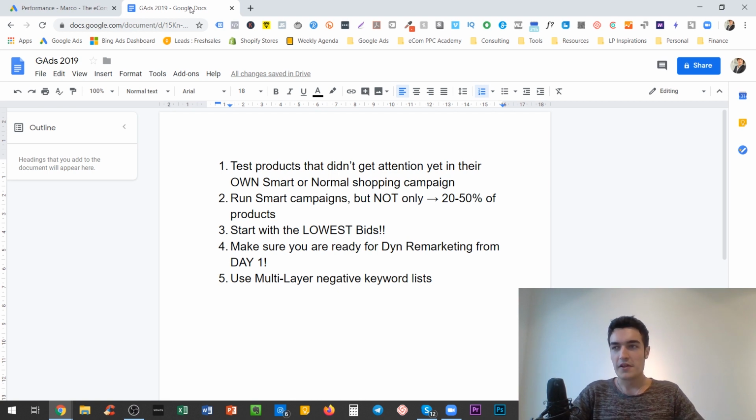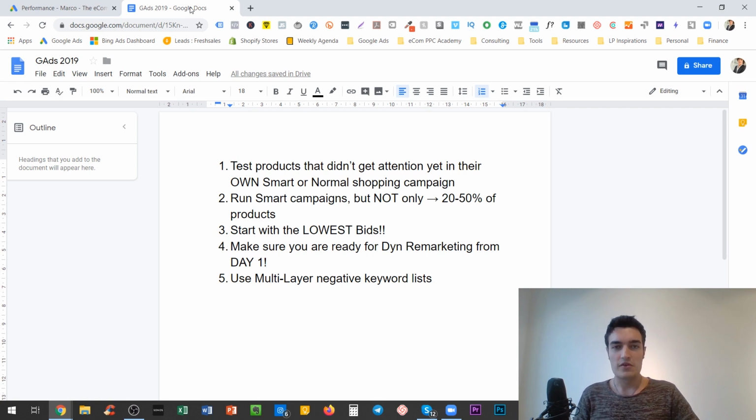Let's say you're selling, what's a good example? Let's say you're selling golden rings, for example, right? Then a typical negative keyword list here would be one where search queries are similar to your product but not exactly what you sell.